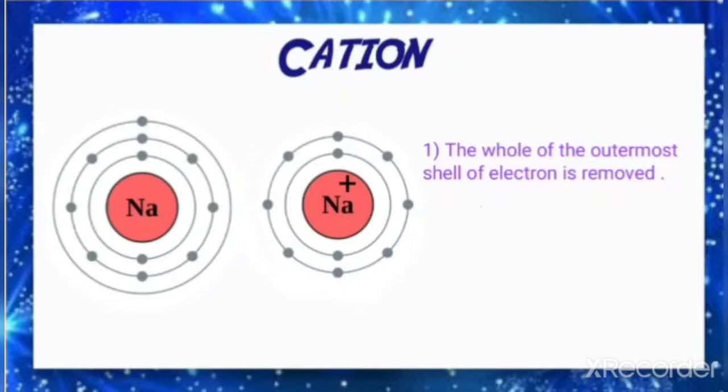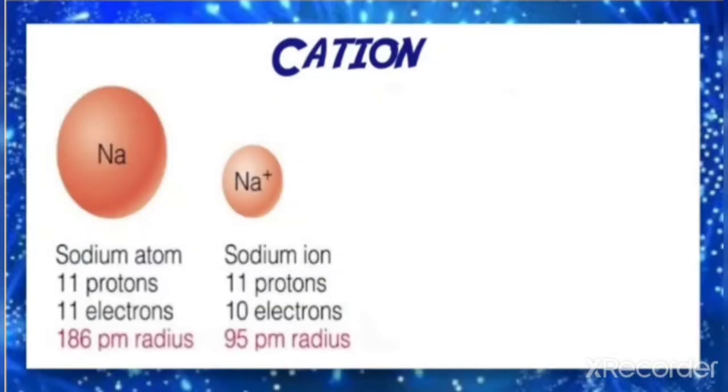So we can say that the size of the cation is reduced, so the cation is smaller in size. There is another reason also. In the case of the sodium atom, there are 11 protons and 11 electrons.